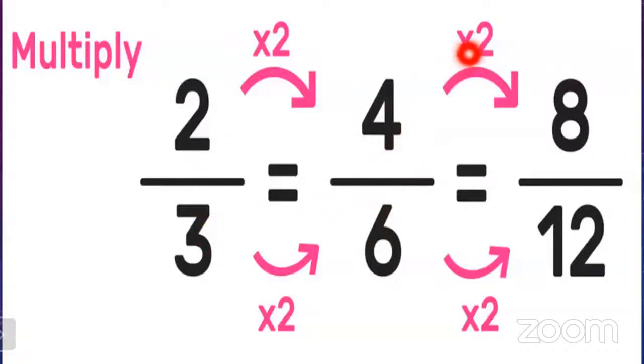The 4 is multiplied by 2, so 4 2s are 8. And the same number 2 which we used to multiply the numerator, now below the line, that is the denominator, here also we have to use 2. 6 multiplied by 2 is 12. So these are also examples of equivalent fractions.